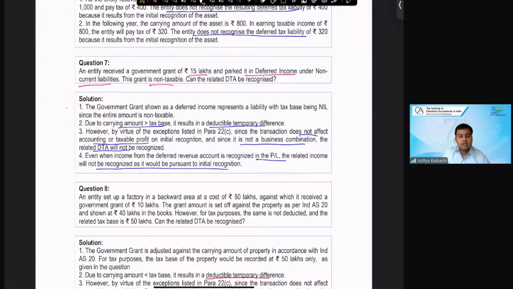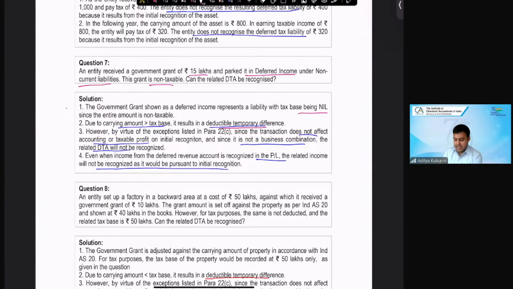Government grant shown as a deferred income means it sits in your liability as a non-current liability. Tax base is 0 because it is an exempt grant. Due to carrying amount being greater than the tax base, carrying amount is 15 lakhs, tax base is 0. It results in a deductible temporary difference.